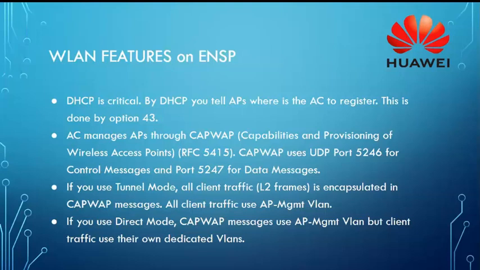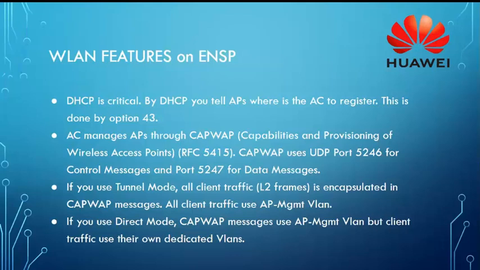There is another mode, direct mode. This is the default mode. In direct mode, CAPWAP messages use a management VLAN. Of course, the traffic between the AC and the AP is using a dedicated VLAN, but client traffic also uses its own dedicated VLANs separately.